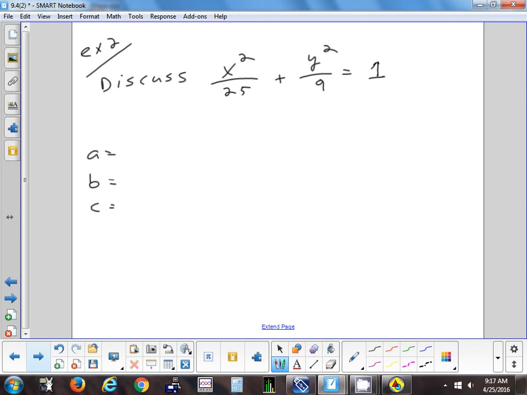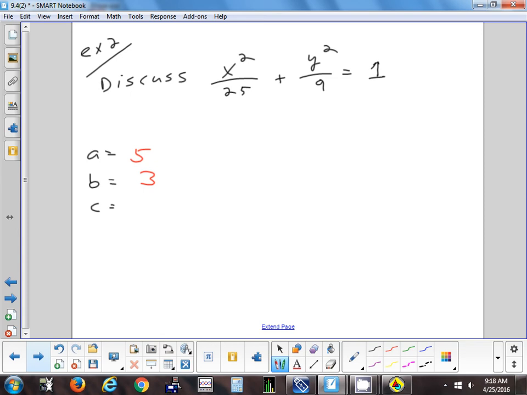So that would be A. Remember in the formula, one of these is A squared, one of these is B squared. There's no C in the formula, but C is important to finding the foci. What other number do we have? B would be 3. Yep, B is 3.